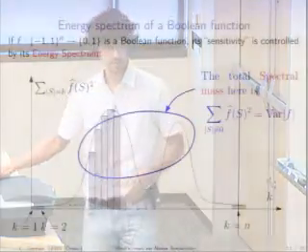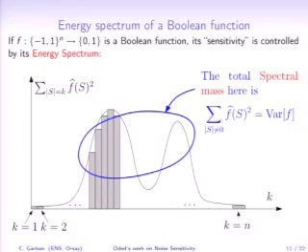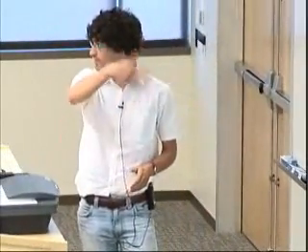On the other hand, if your Boolean function is supported on low frequencies, then this is going to be stable. So this agrees with the usual intuition. But what will be important for us when you have a Boolean function will be what I think physicists call the energy spectrum, which represents the contribution for all k between 1 and n of the level k Fourier coefficients.